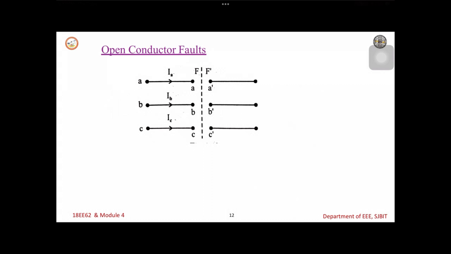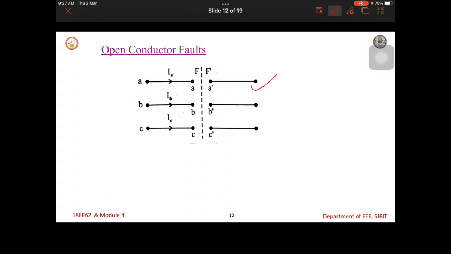Open conductor fault. An open conductor fault is in series with the line. The line currents and series voltages between the broken ends of the conductors are required to be determined. Here I considered the open conductor fault specifications. Phase A is open, phase B is open, phase C is open. Because of the fault, the terminals are A dash, B dash and C dash, and the sequence network you can write like this.